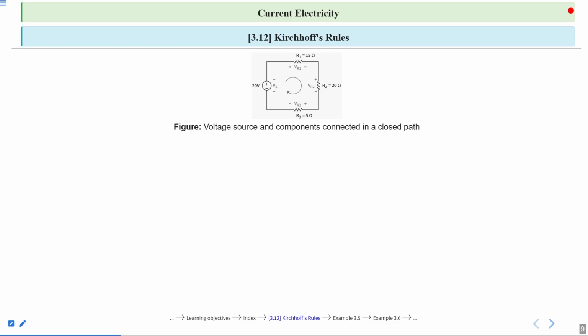We start from the 20 volt battery, go through the closed path, through all 3 resistors, and come back to the battery.